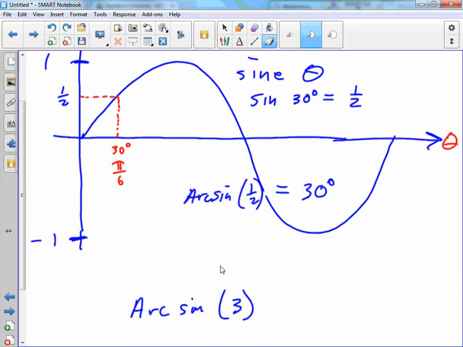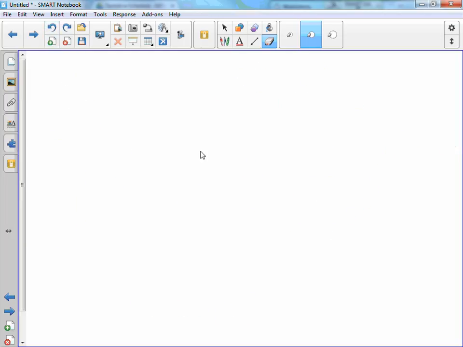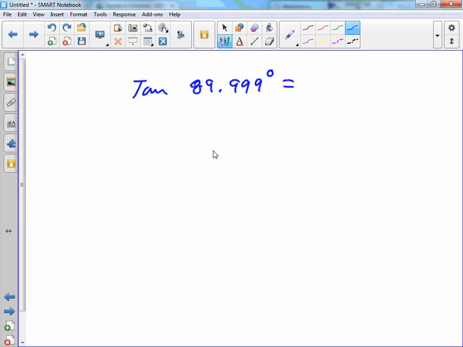Tangent, however, is a totally different animal, and that's why it's a little bit harder to deal with. Take the tangent of 89.999 degrees. What do you get? Arlene, what do you get when you take the tangent of 89.999 degrees?